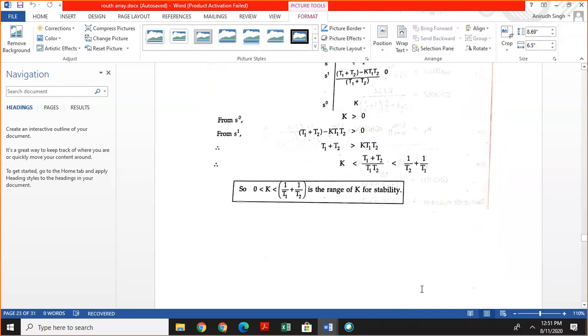This gives the range of K for which the system is stable.